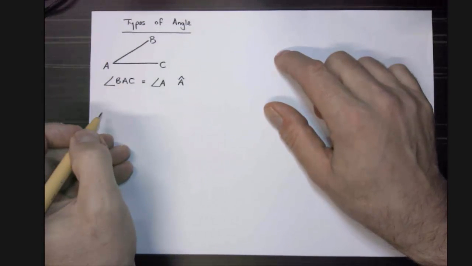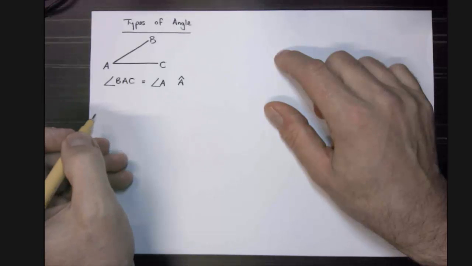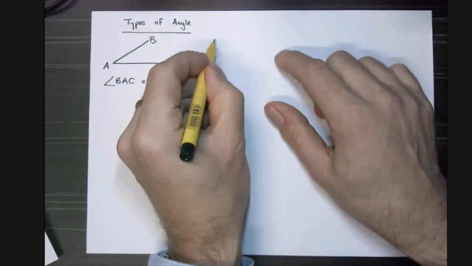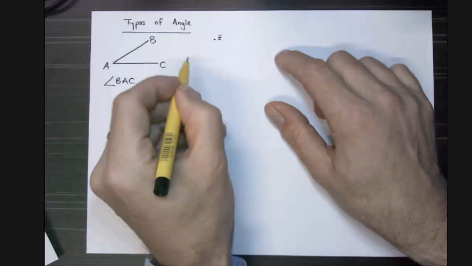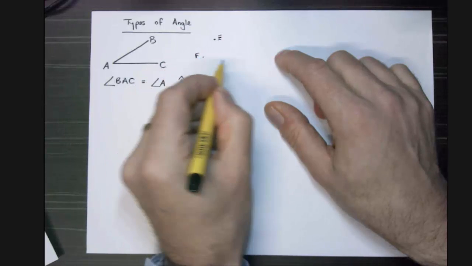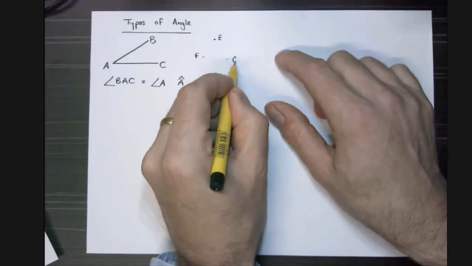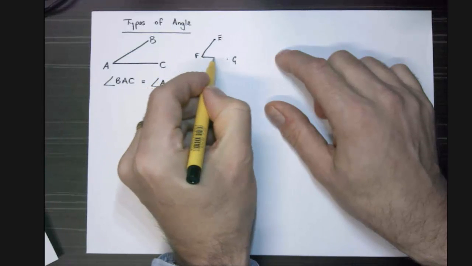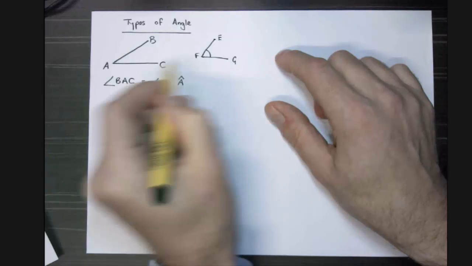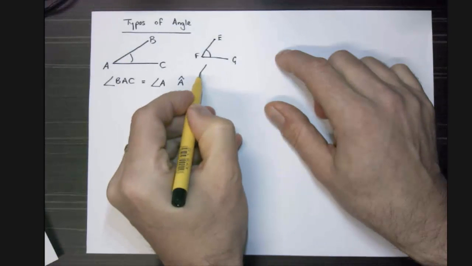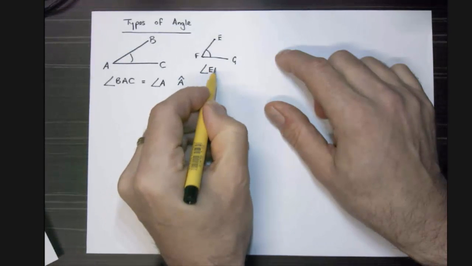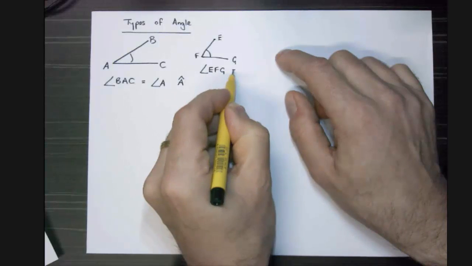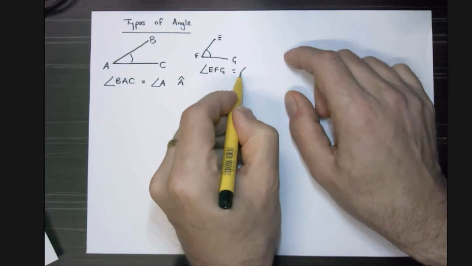So if somebody says to draw an angle EFG, you would have E, F, and G would be the points, and E would go to F, would go to G, and that would be your angle right in the middle. Angle E, F, G, or it could be written as angle F.